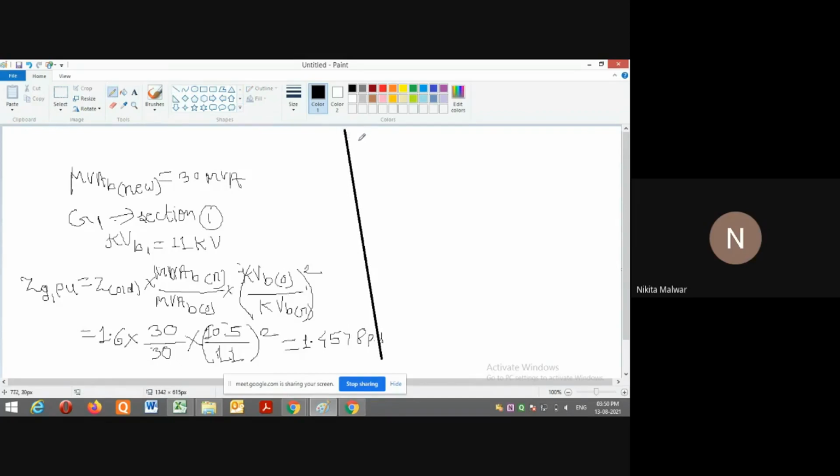So finding out ZT1 per unit, we will refer to the same formula which is used for generator 1. So directly put the values.